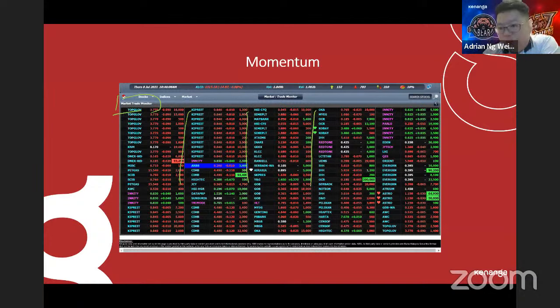To give you a gist, there's buying interest. Green color is buying interest. Red color is selling interest. So what you're actually looking for is buying or selling interest. If they are selling like crazy, don't touch.